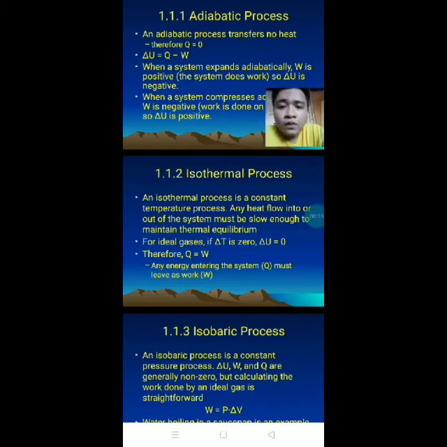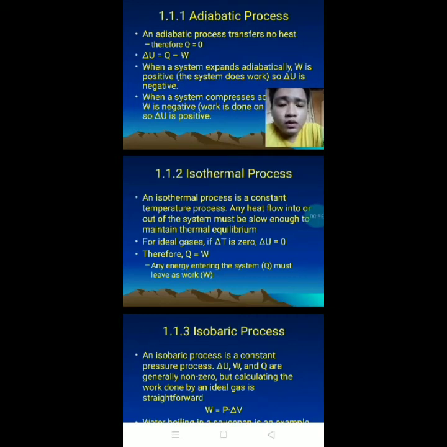When a system expands adiabatically, W is positive. The system does work, so ΔU is negative.